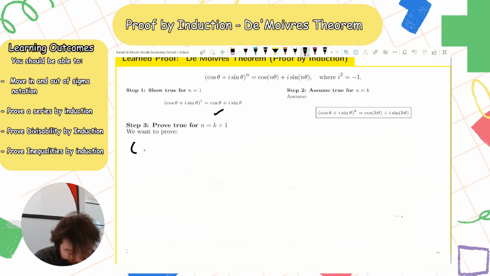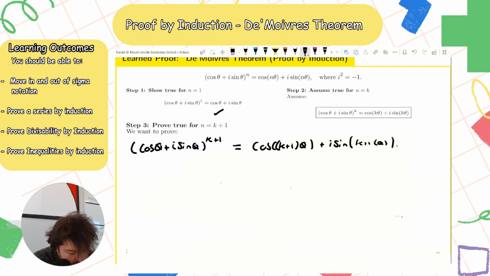So (cosine theta plus i sine theta) to the power of k plus 1 is equal to cosine (k plus 1) theta plus i sine (k plus 1) theta. So I need to get my left-hand side to my right-hand side.